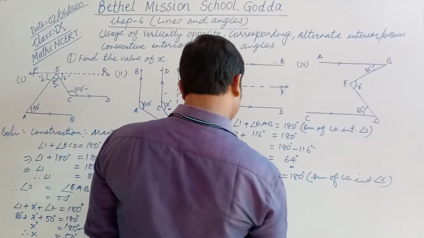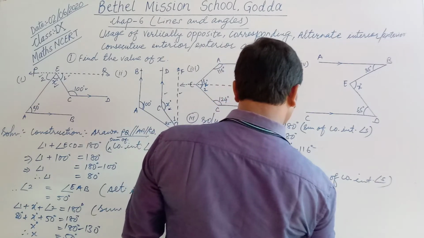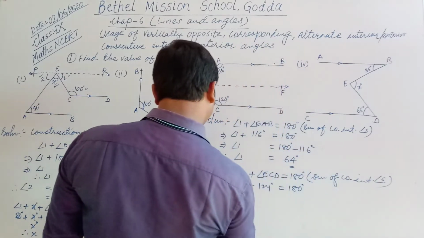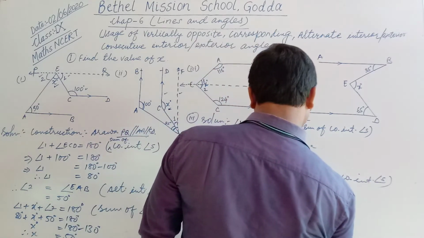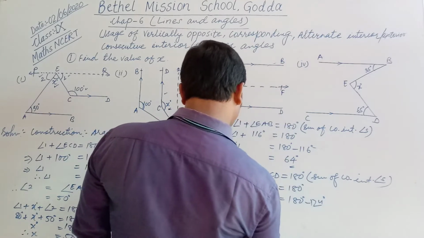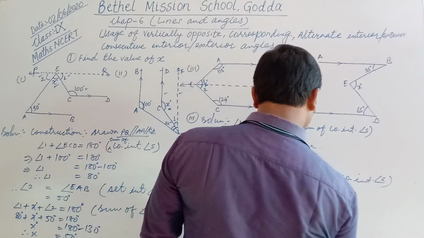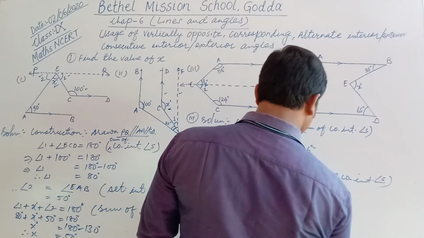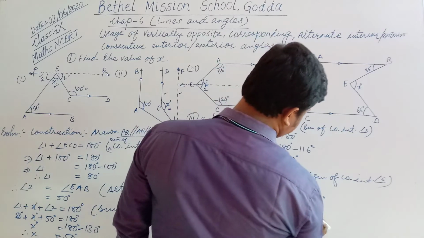Angle 2 plus ECD 124 degrees equal to 180 degrees. Angle 2 equal to 180 degrees minus 124 degrees. Therefore, angle 2 equal to 56 degrees.